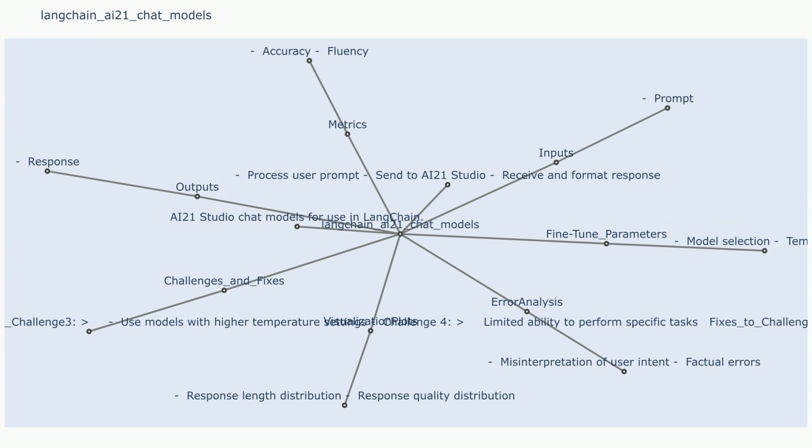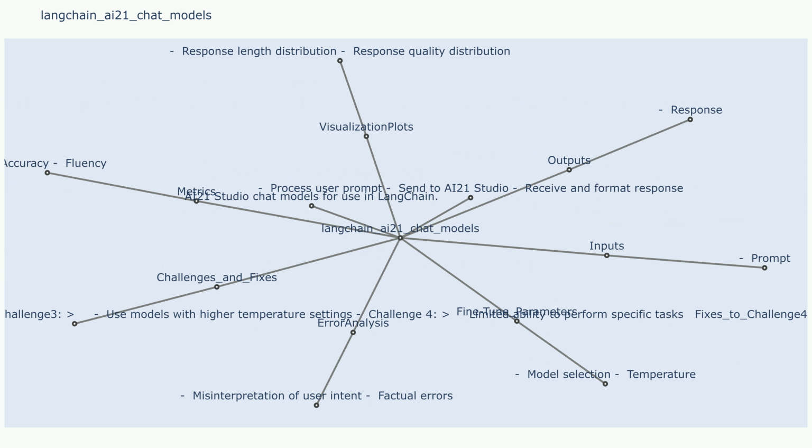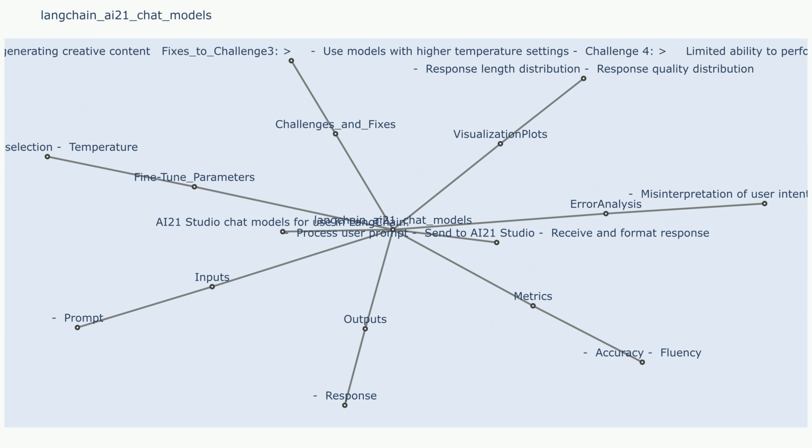Inputs. Prompt: the user's input, which can be a question, instruction, or a piece of text. This prompt is sent to the chosen AI21 model. Model: the specific AI21 Labs language model to use for processing the prompt. Different models have different strengths and areas of expertise, so choosing the appropriate model is important.